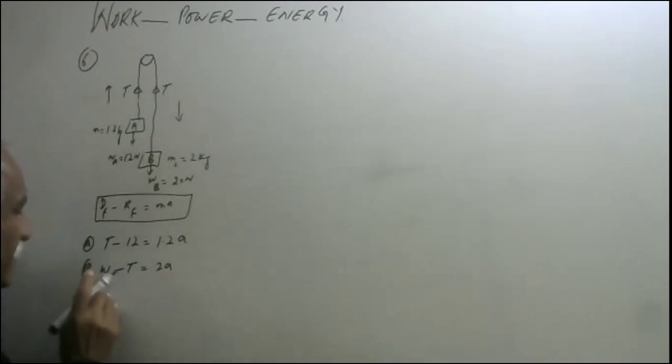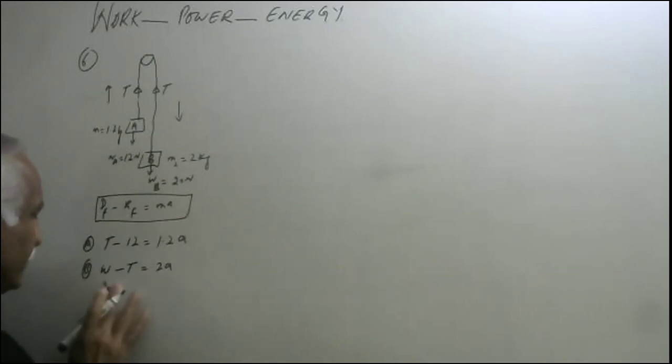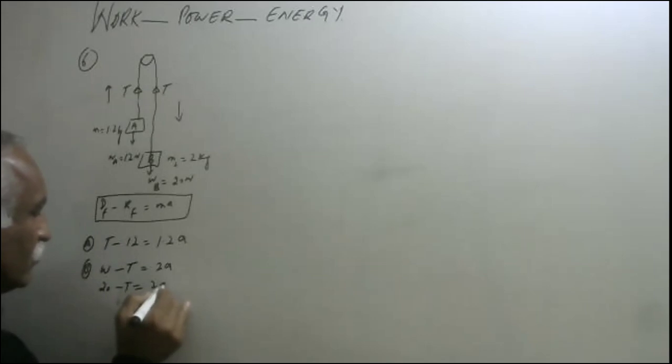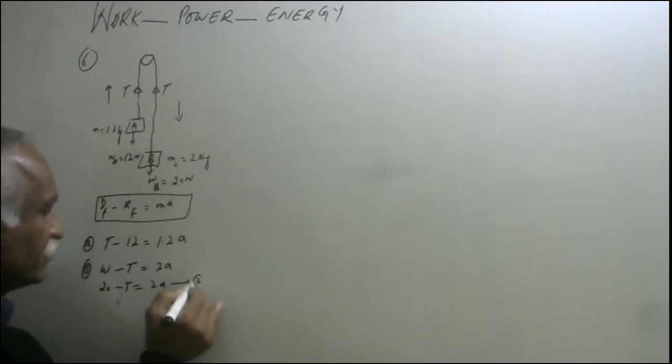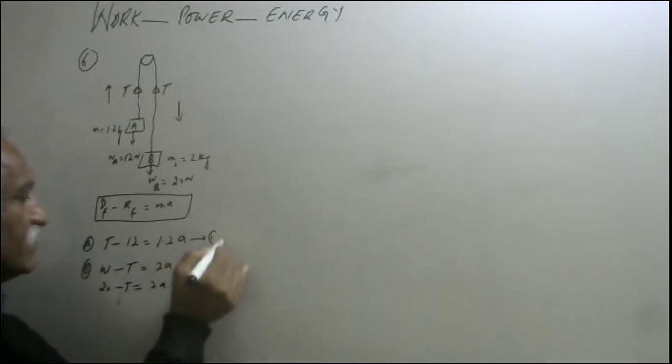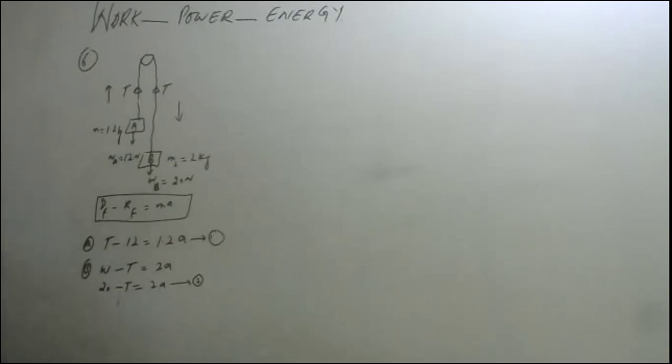That is 20 minus tension is equal to 2a, and let's say that is equation 2.